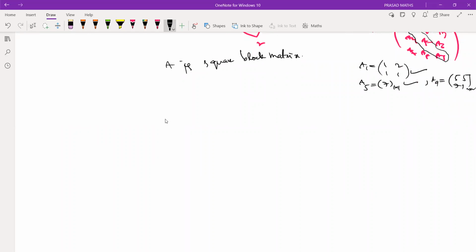Next, suppose we take another definition, block diagonal matrices.